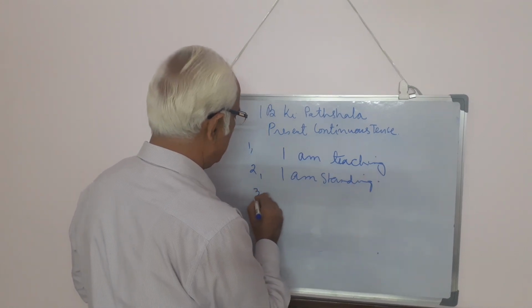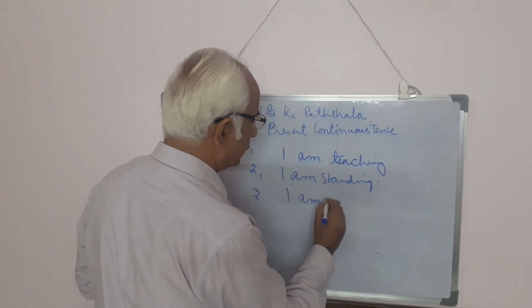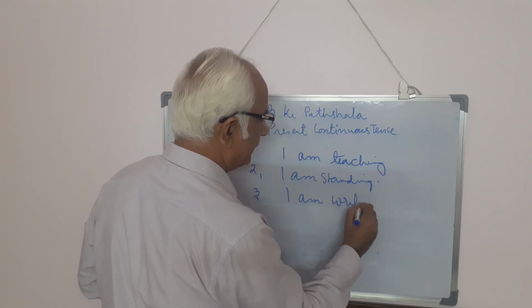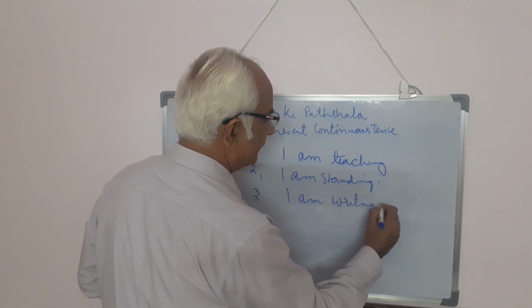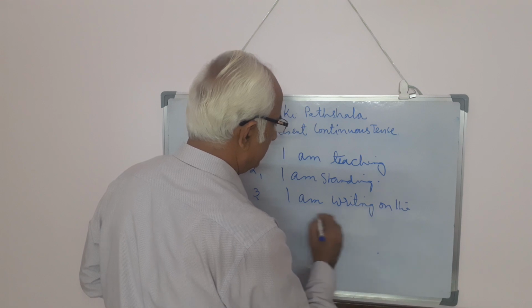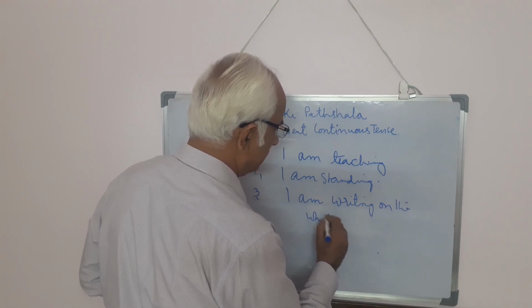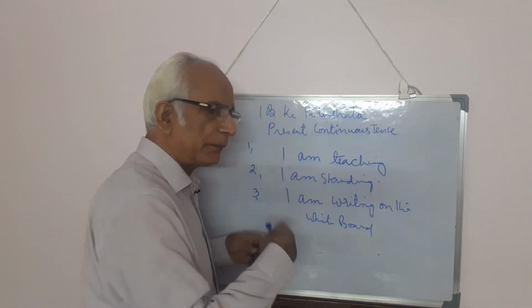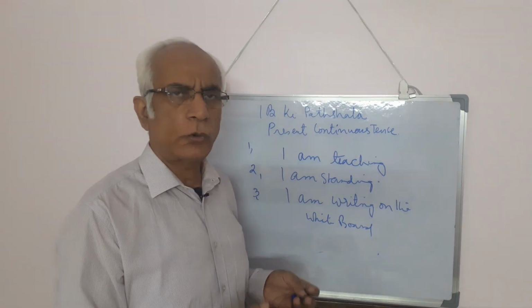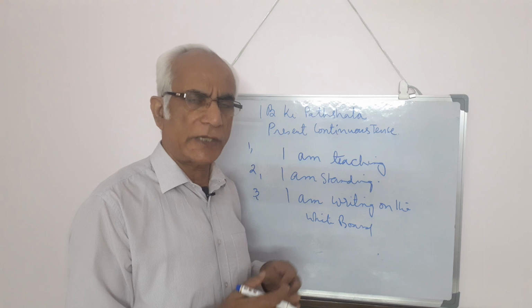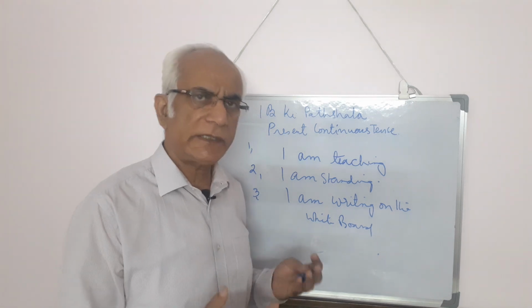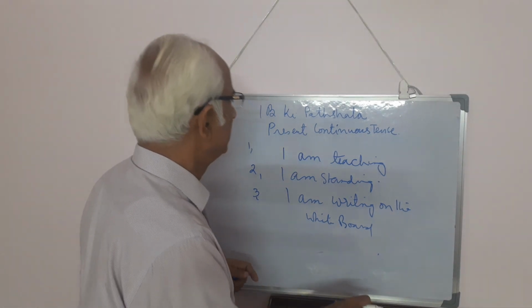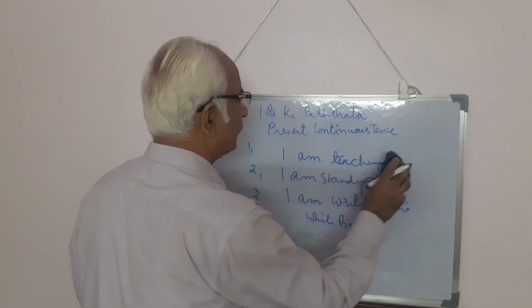I am writing on the whiteboard. This activity is happening right now. So when we are talking about an activity which is happening, when you are talking about it, we use the present continuous tense form of the verb.